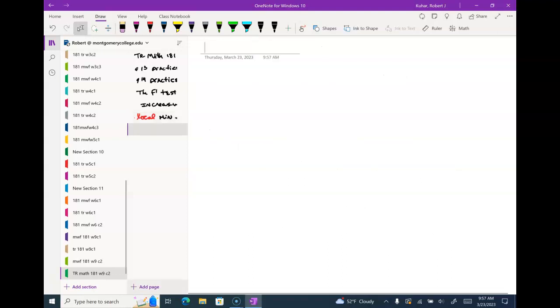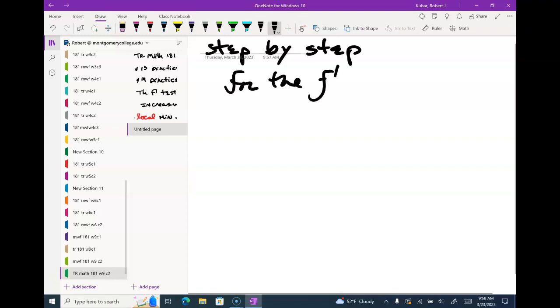I need to give you step by step, sorry. Step by step for the f prime test, for the first derivative test. Step 1, graph the function.